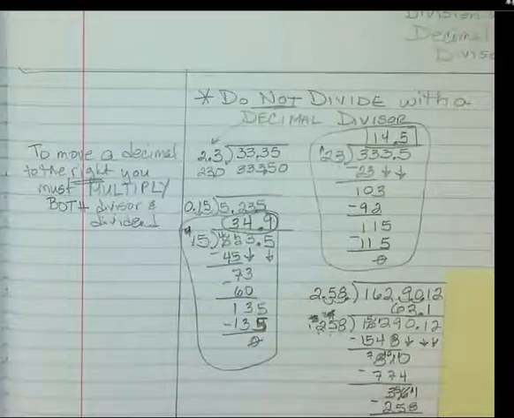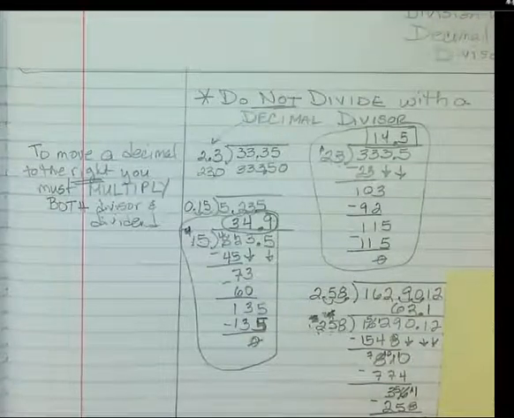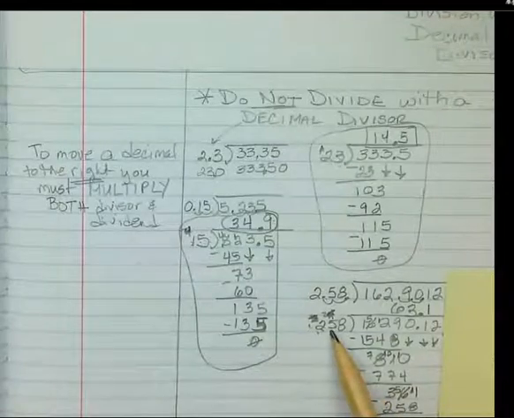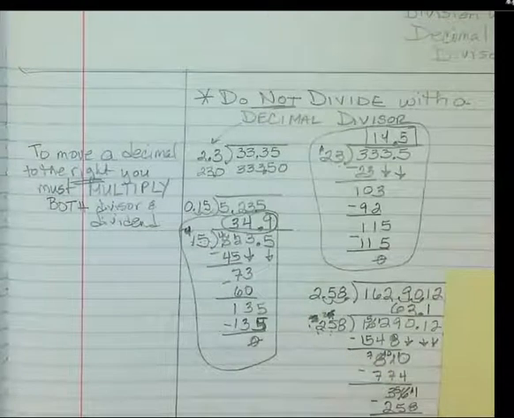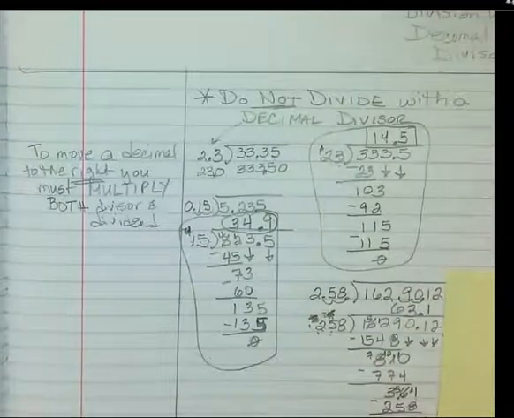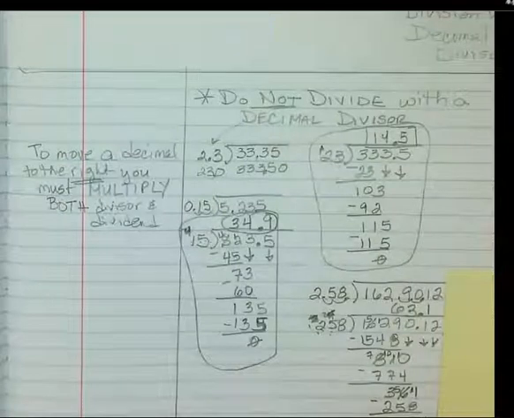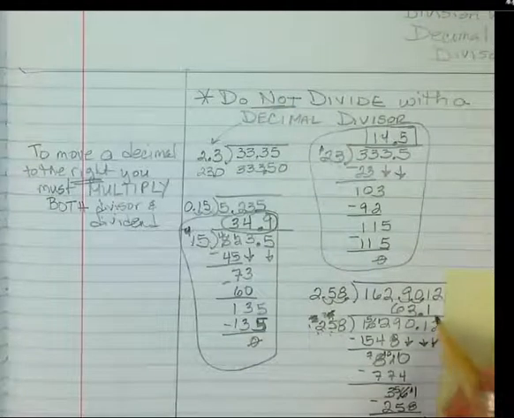Okay, so 1,032. Well, we know that 25 times 4 is 100, but we need 1,000. So, let's see.